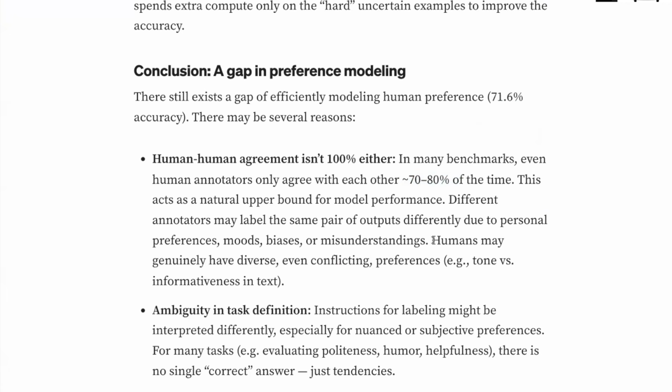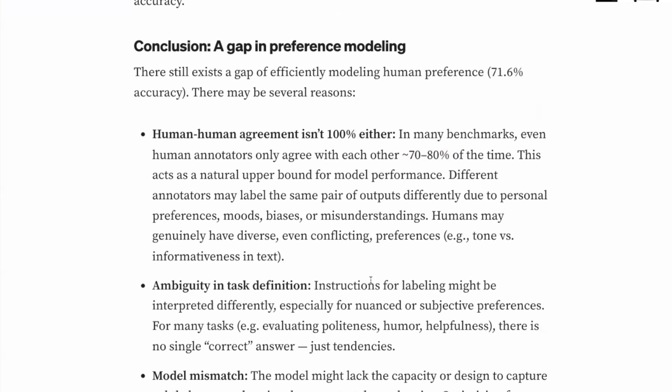You can write an SOP trying to define the standards of human preference, but when you ask individual humans to provide labels, they can still prefer things in different ways. So the labels can genuinely be very diverse and conflicting with each other. I think that is understandable in terms of human preference overall.